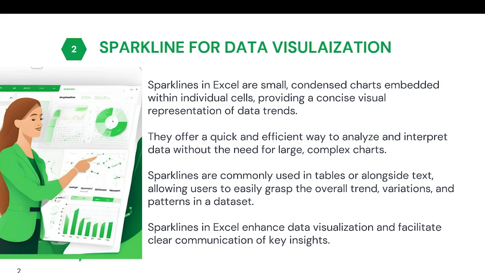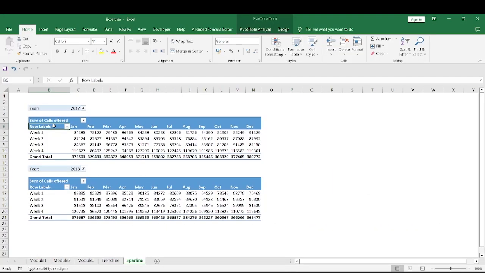Let's go to our Excel file. Here you see the week number data. This is a pivot table, and this is the sum of calls offered during the month for weeks 1, 2, 3 and 4, for all these 12 months in 2017.